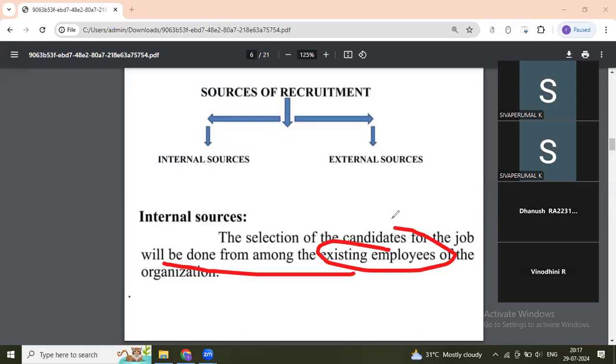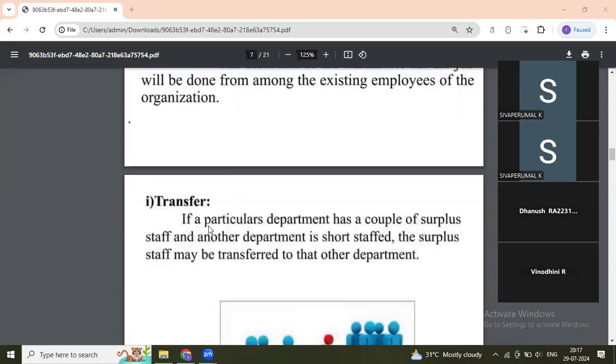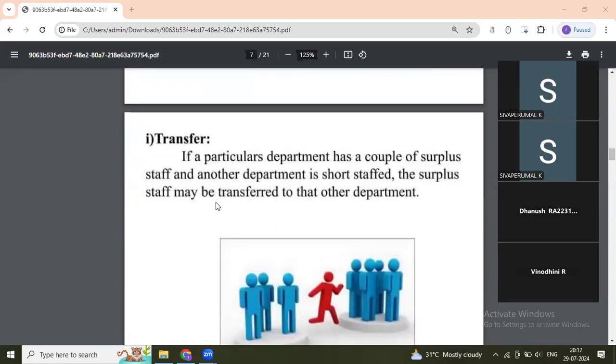Only in this way will this kind of selection happen, right? For example, if a person is already working in this company, he may be transferred from one place to another place, so in this case he has to fulfill the vacancy, right?